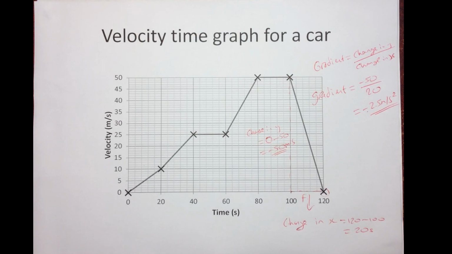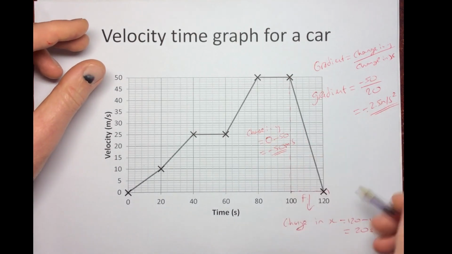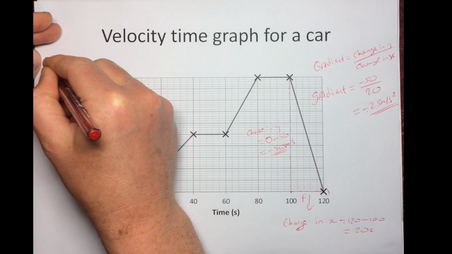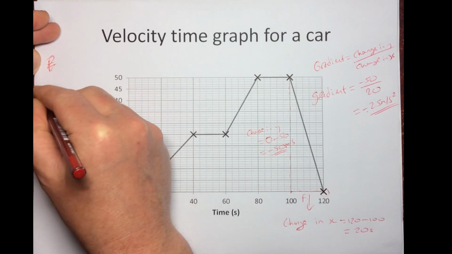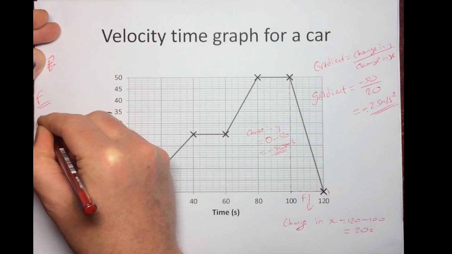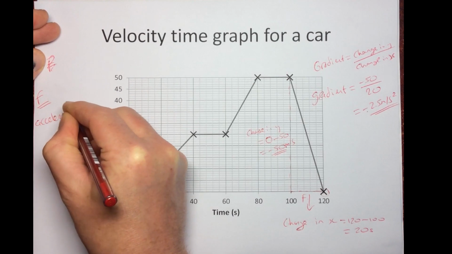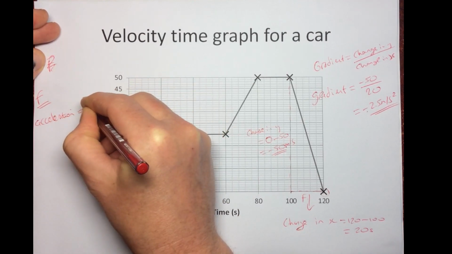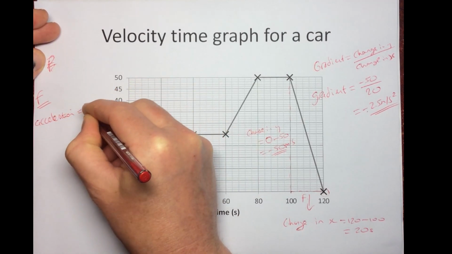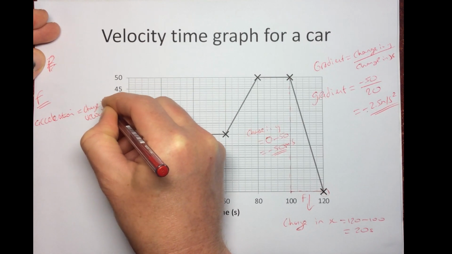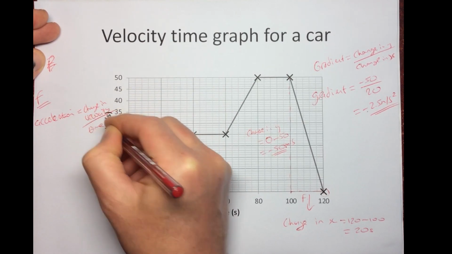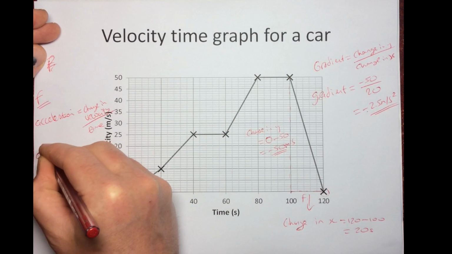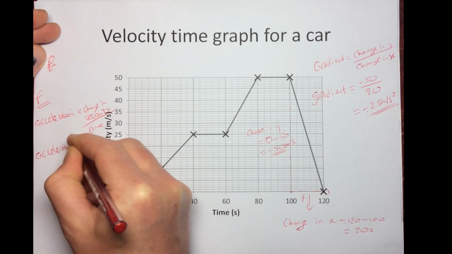Okay, now just quickly, let's look at another way of doing this same problem. Part F here. Remember that acceleration equals change in velocity divided by time. Okay, so the acceleration here could also be calculated using that equation.